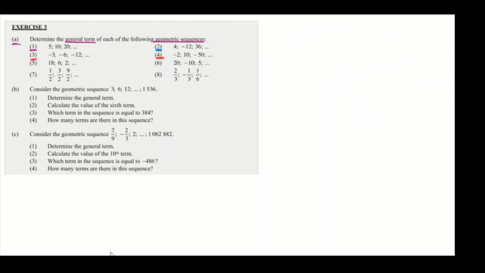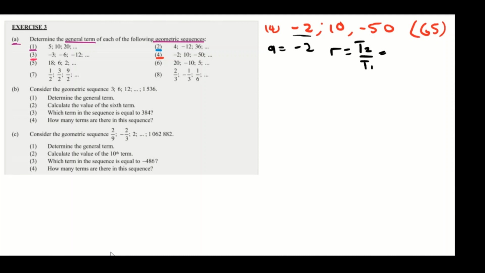Now we're going to do number 4, where we have a sequence of minus 2, 10, minus 50, and we are told that this is a geometric sequence. So the value of A is equal to minus 2, our first term here, and a geometric sequence has a common ratio, which we define as T2 over T1 equals T3 over T2.